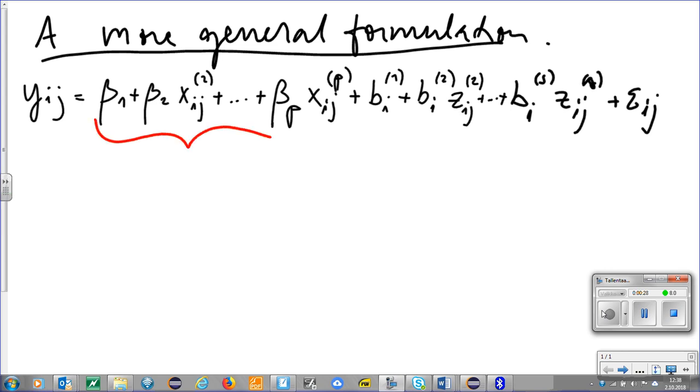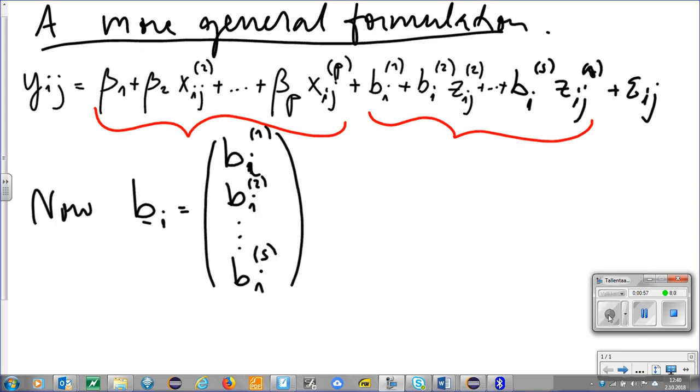The fixed part includes a total of p predictors, and we have a separate regression coefficient beta for each of them. In addition, the random part can include a total of s predictors, and we have a separate group level coefficient beta 1 to beta s for each of them, and then otherwise we have the residual error in the same way as before.